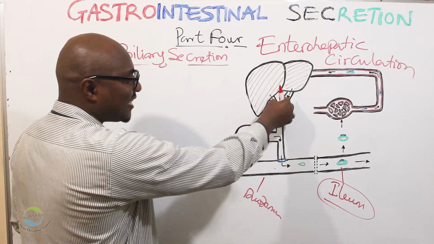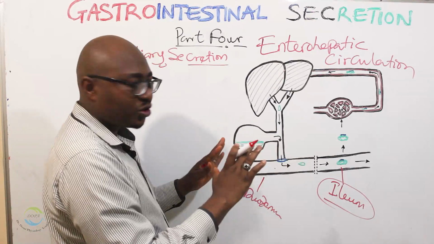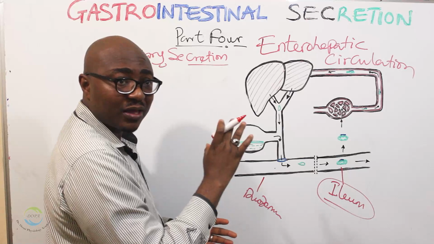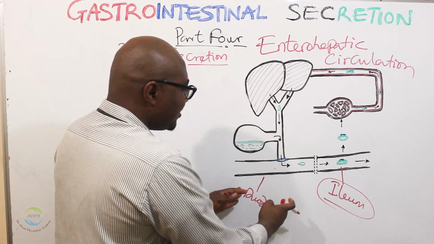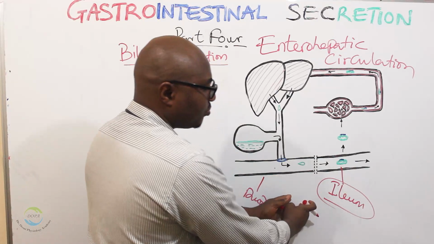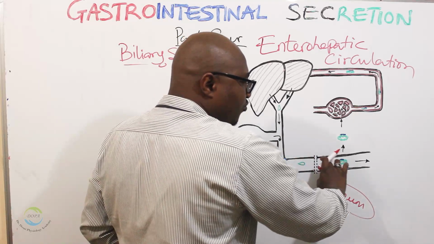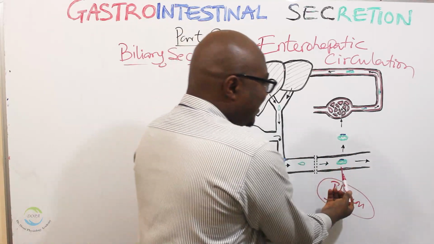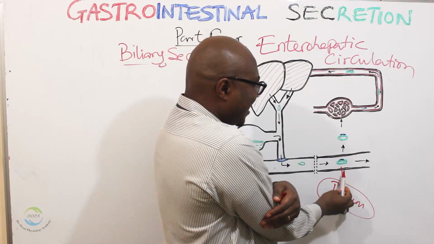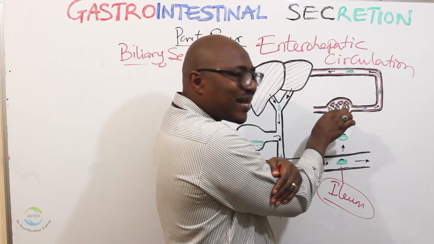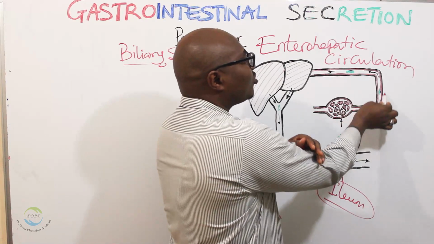So when bile has been secreted here, it does its work. Those functions, the main functions that we talked about, emulsification and absorption of fat. It happens between the duodenum and the jejunum. Then from the ileum, they move. When it gets to the ileum, they now get absorbed. Those bile acids get absorbed into the portal vein, and the portal vein goes to the liver.